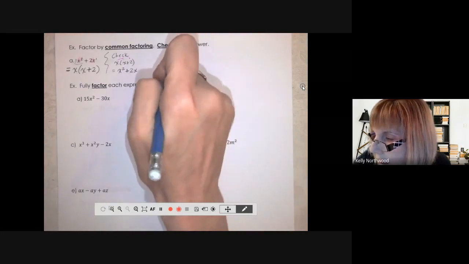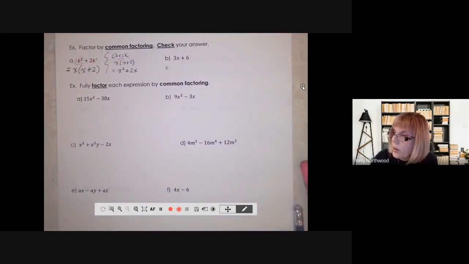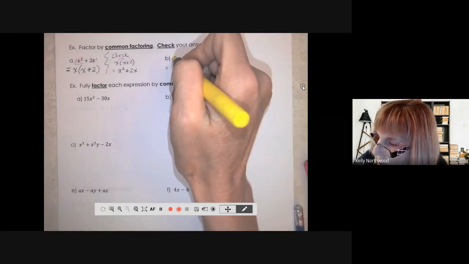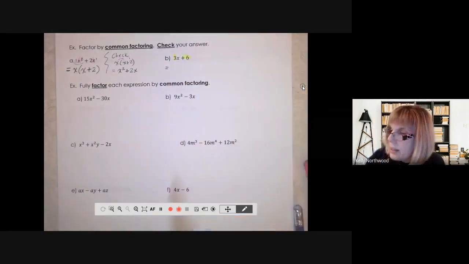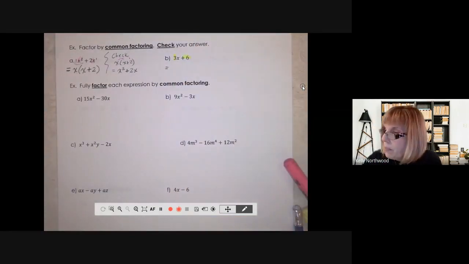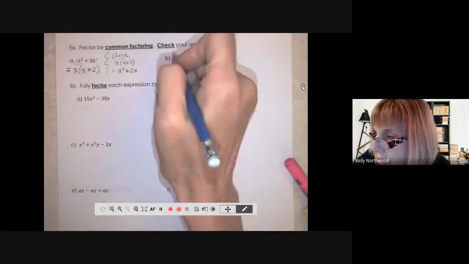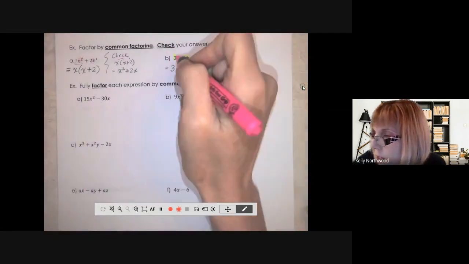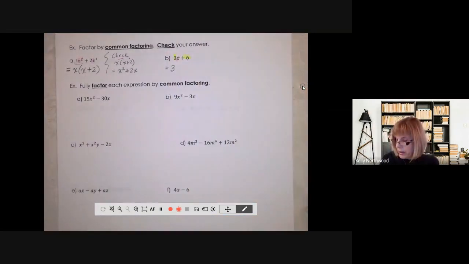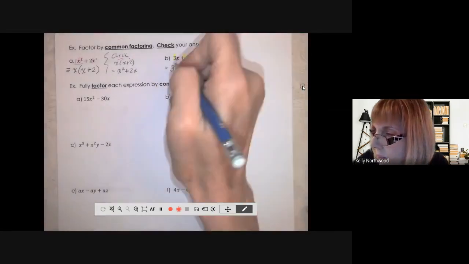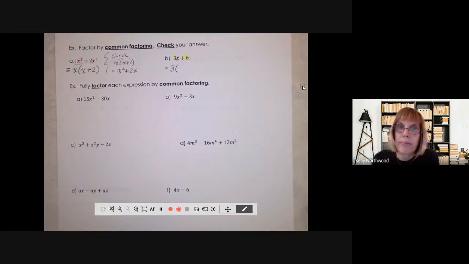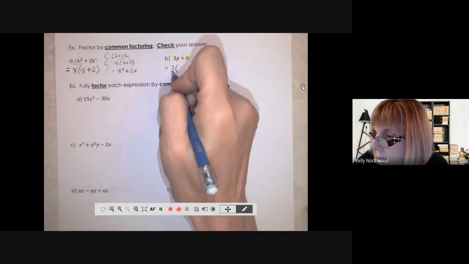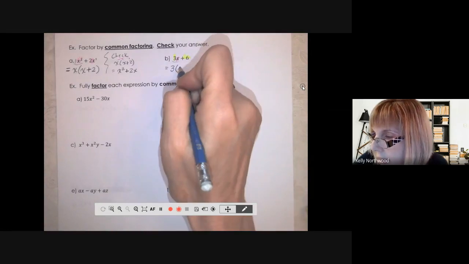So same idea here. I'm going to check the coefficients, or the numbers, first. 3 and 6. The biggest number that divides evenly into 3 and 6 is 3. Then I'm going to check my variables, but there's only an x in one of the terms and not both, so it's not common, so it can't be part of the common factor. So I open up my bracket. What do I need to multiply 3 by to get 3x?